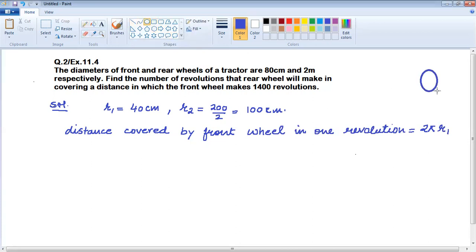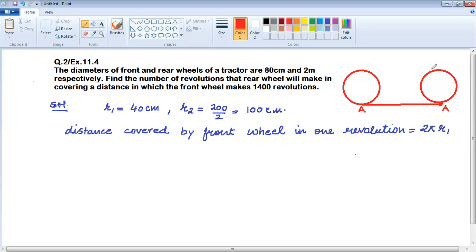See, if this is the wheel and say this is the point A. When wheel takes one complete round and after taking one complete round, the wheel comes, I hope the size is same, this point A comes back at the same position.